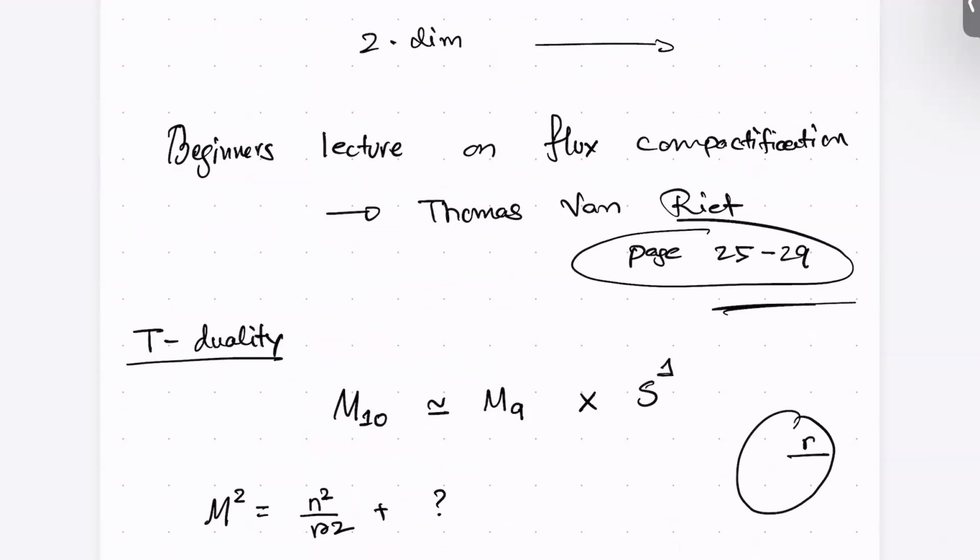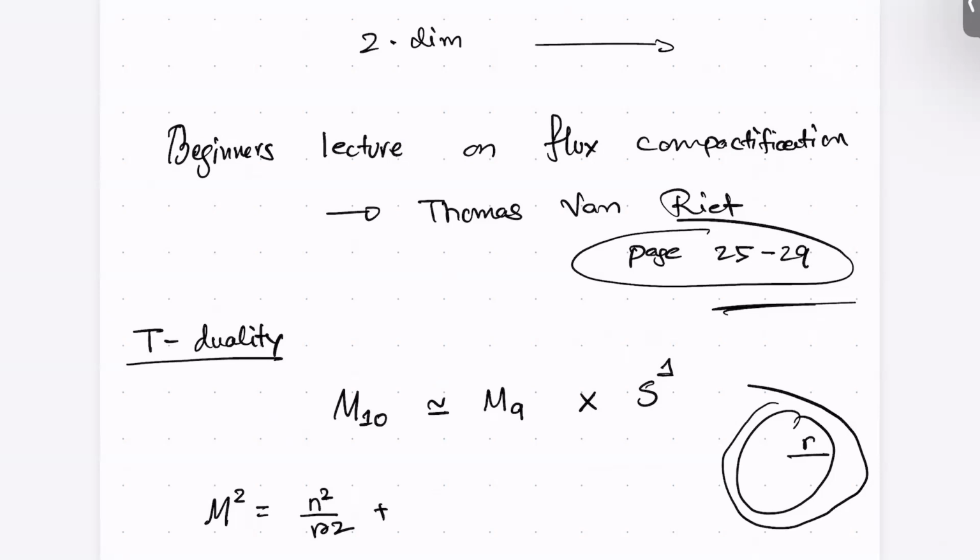In a compact space, what can a string do? Yes, let's see. You know the answer, but let's ask someone else. Anyone else? Yes, strings can, if you take a string, it can wrap around this circle, right? And how will the wrapping be?